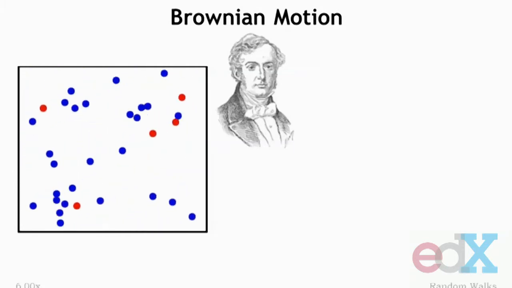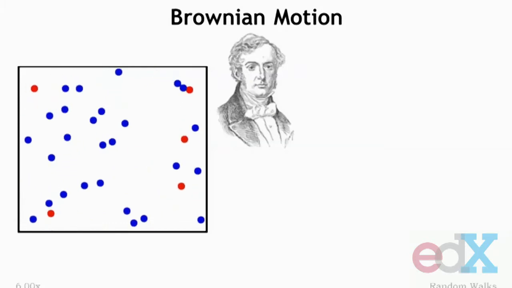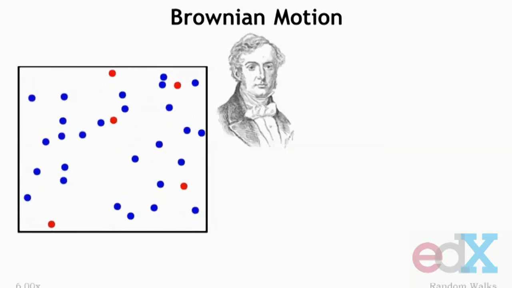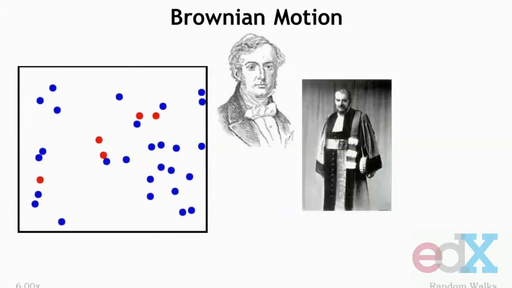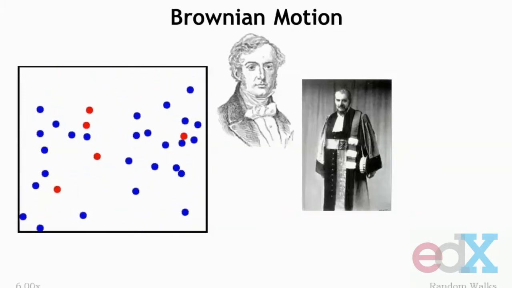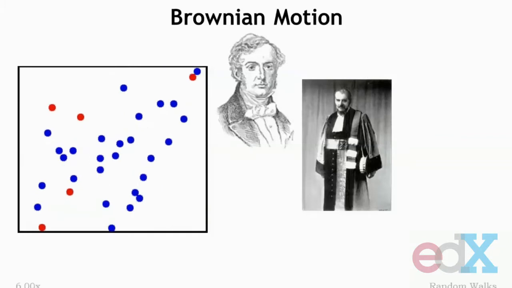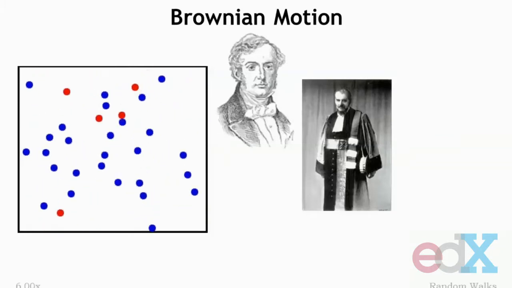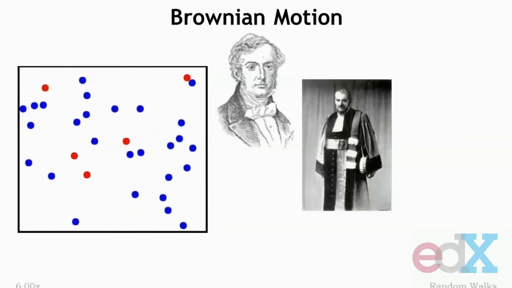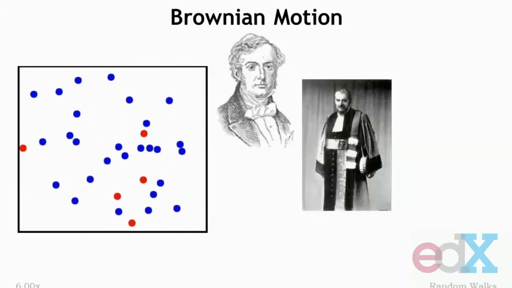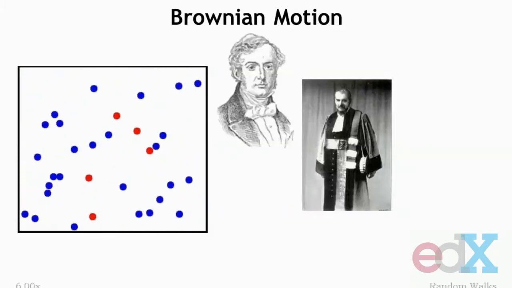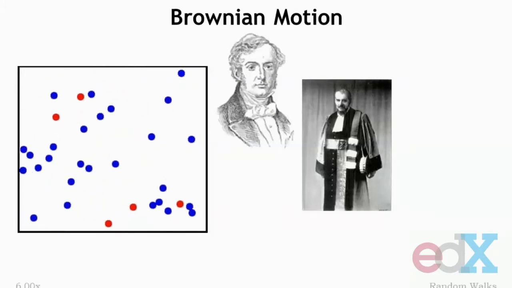A clear mathematical model of the phenomenon was first presented in 1900 in Louis Bachelier's doctoral thesis, The Theory of Speculation. However, unfortunately for Louis, since this thesis dealt with the then very disreputable problem of understanding financial markets, it was largely ignored by respectable academics, and in fact, he struggled to even get a job.